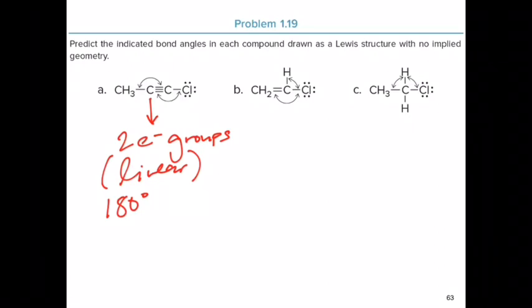What about this second one here? So let's look at this carbon atom, because this is going to be the central atom. And as you can see, it contains a total of 3 electron groups. So you have a double bond here, a single bond, and another single bond, for a total of 3 electron groups.